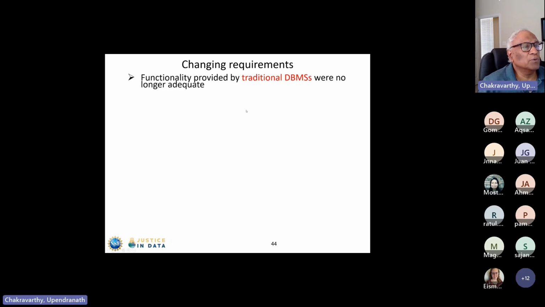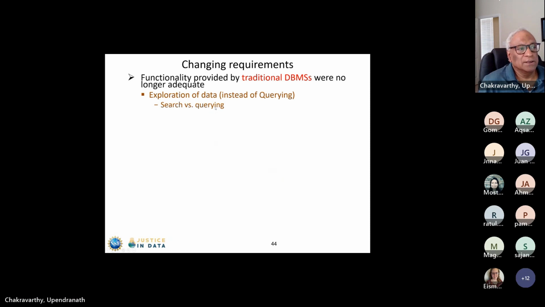So the functionality provided by traditional DBMSs was no longer adequate. This worked well for a decade or so. Then it excelled in querying. Even today, there is no search in a database. You only have to query a database.